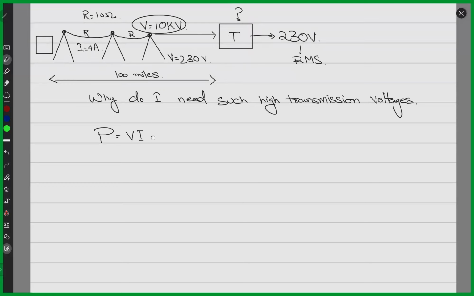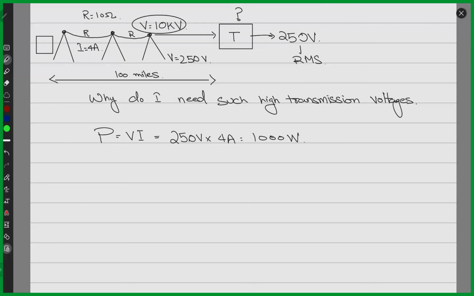So the power that would be produced from that is 230 volts times 4 amps, right? Actually, for the sake of argument, let's make it 250, just to make the mathematics a bit simpler. Now, 250 times 4 would just be 1000 watts.